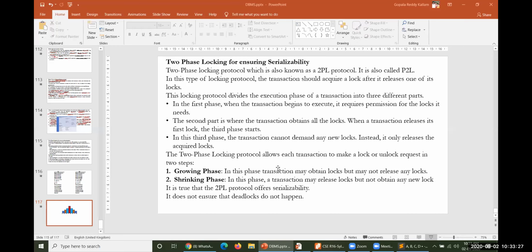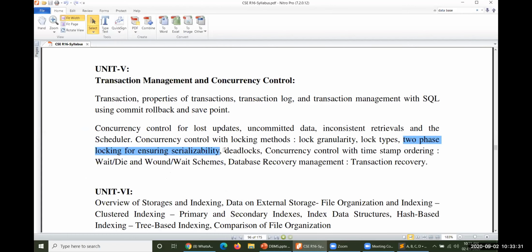We shall continue with deadlocks tomorrow, and then concurrency control with time stamping. In two-phase locking also, sometimes starvation can occur. Because of starvation, concurrency control with time stamping has been introduced. That is wait-die and wound-wait. Two schemes are there, and these two schemes will be taken into consideration.